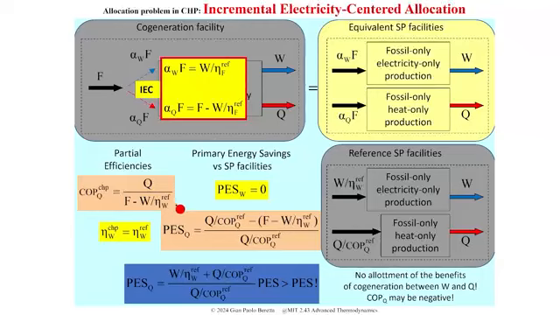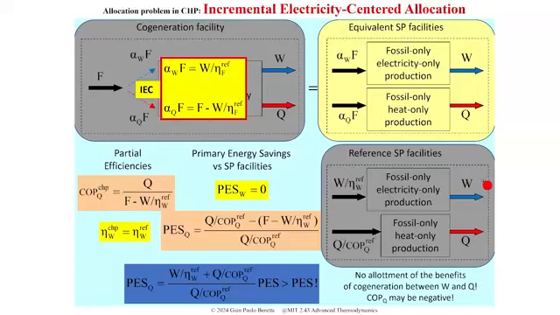So in the beginning of cogeneration, people reasoned and defined these allocation factors in this way. We call this method the incremental electricity-centered allocation. It basically says, all right, in my cogeneration facility, I produce this much work.